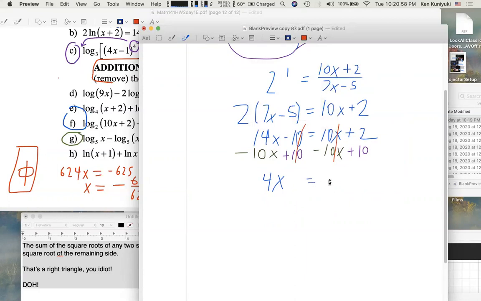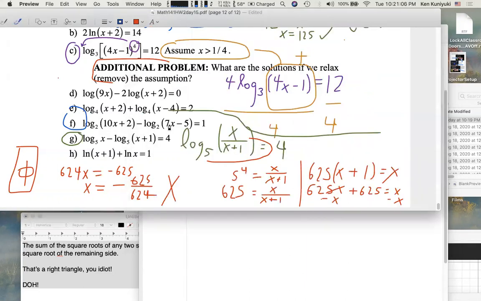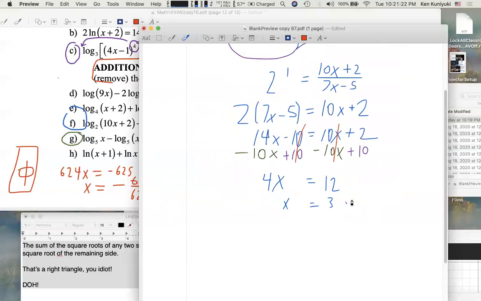These cancel. 2 plus 10 is 12. So I got positive 3. Okay, and then that checks. By the way, as long as you know the arguments are positive, you'll be good. Technically, there are other ways it could get messed up, and you're supposed to do the check all the way, but as long as it makes the arguments positive, I feel pretty good. Let's say that's the solution set.